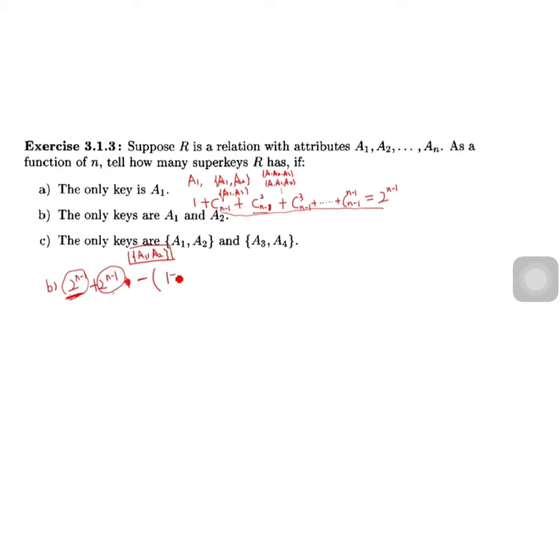That means we choose one attribute from A3 to An, and then there are n minus 2 attributes.